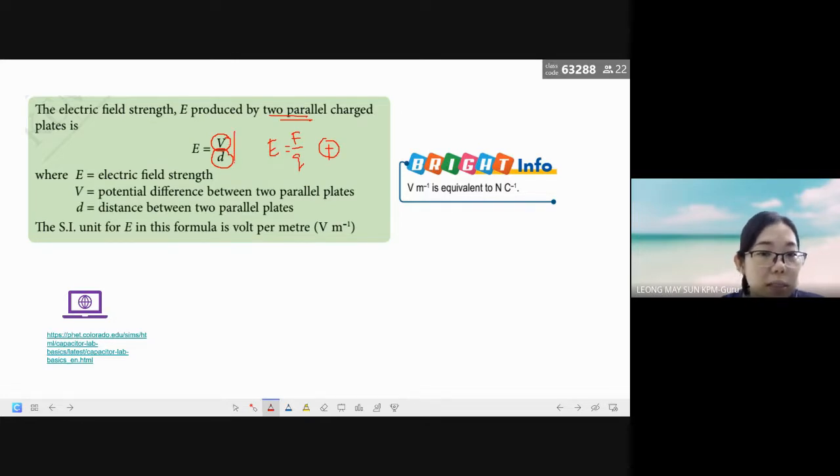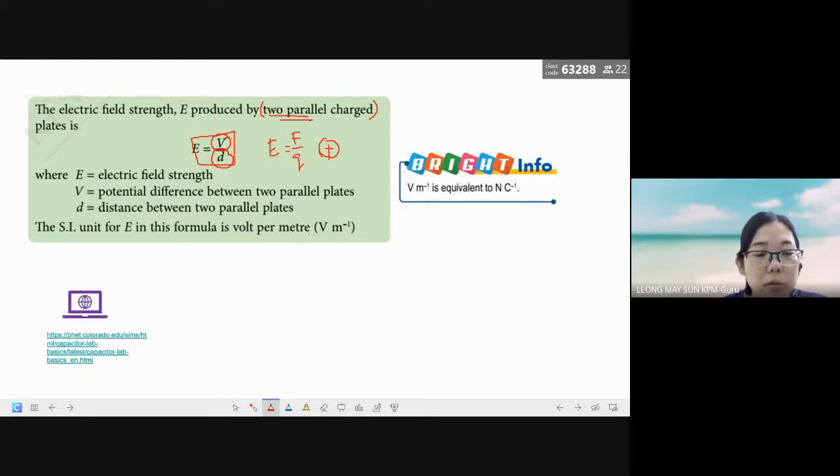So this is the second formula in electricity. The first formula is used for the electric field strength of a charge. This formula is for two parallel charged plates, whereby the SI unit for electric field strength is volt per meter.